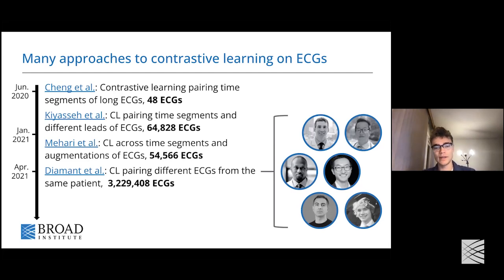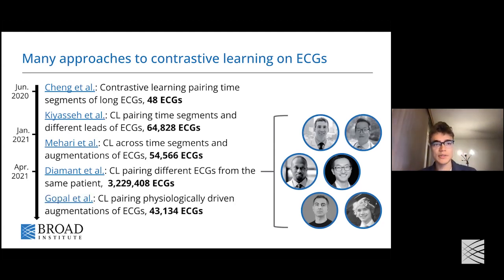And we had the great privilege of working with 3.2 million ECGs for training our model. And our work was joint work with Aaron Aguirre, Stephen Song, Colin Stultz, Eric Reinertsen, Puneet Batra, my boss, and me.